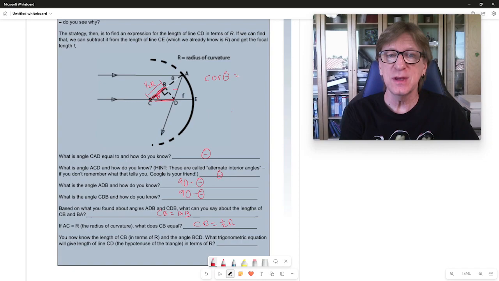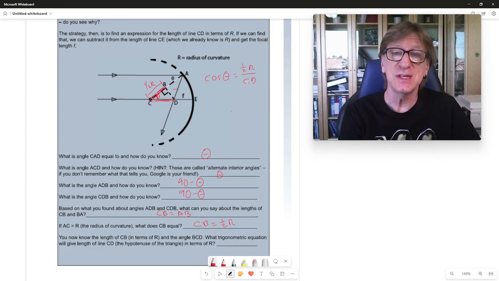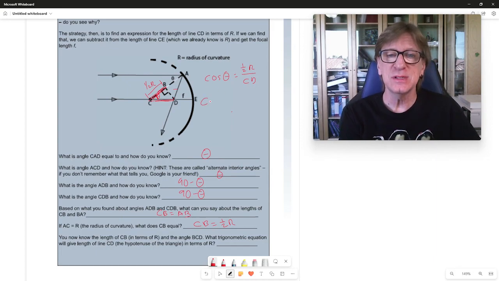So cosine theta is going to equal my adjacent, which is 1/2 R, divided by the hypotenuse, which is what we're looking for, CD. So now all we need to do is just solve this for CD. So I'm going to move my CD to the other side. So I'll move my CD over here, and my cosine theta goes down. And I get CD equals 1/2 R over cosine theta. I'm going to clean that up just a little bit.